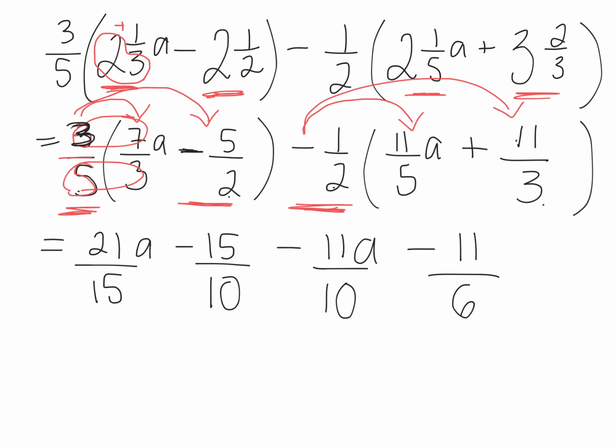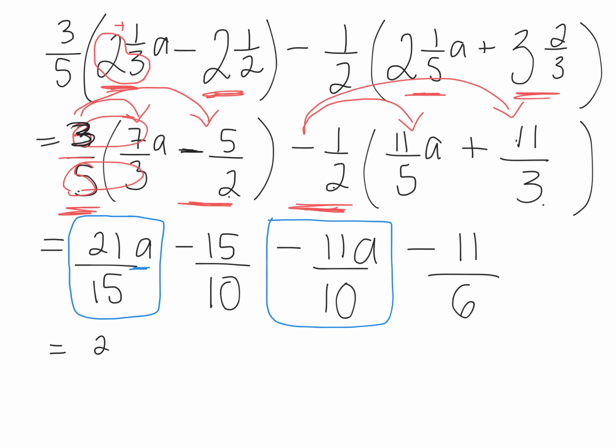Okay, so we've expanded this. We have to put our like terms together. So let's start with the first one. 21 over 15a. Are there any other terms that just have an a with it? Variable a, yes? Positive or negative? Negative, okay? So we're going to put these together.